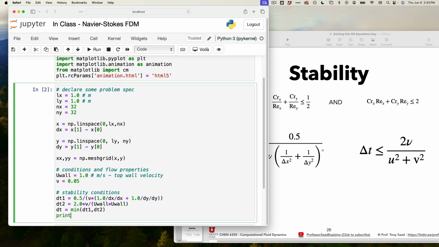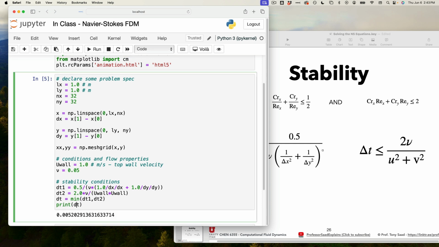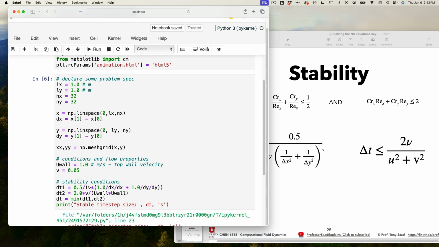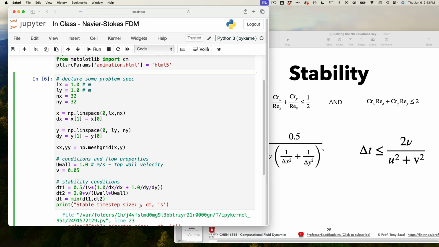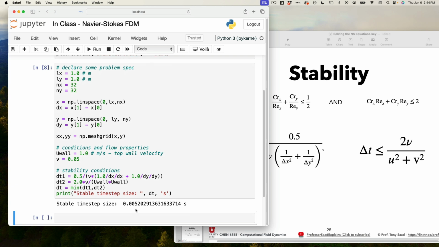And you can print dt, print stable time step size is dt, and that's in seconds. Oops, I need a quotation mark here. Yep, it's 0.0052 seconds.